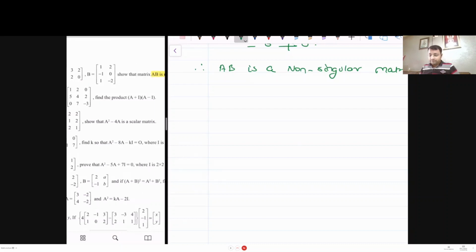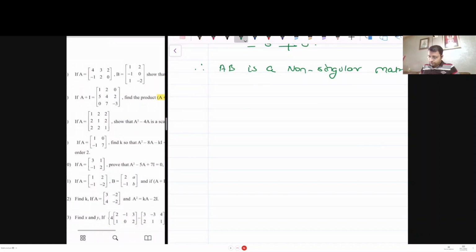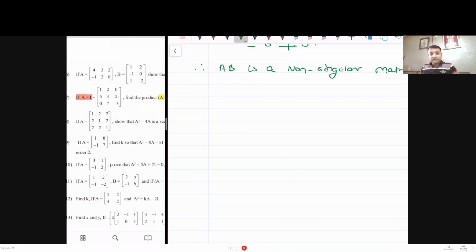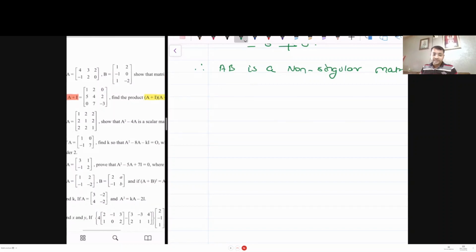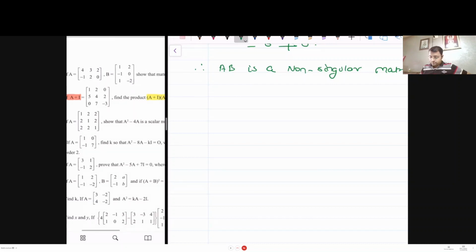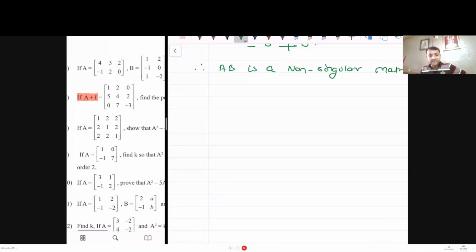We have to find the product A plus I into A minus I. Now out of that, the value of A plus I is already available with us, but we don't know the value of A minus I. Because I don't know the value of A minus I, I cannot straight away go and multiply the two matrices. So what do we do? I will first of all try to find the value of A minus I with the given matrix A plus I. How? It's very easy.